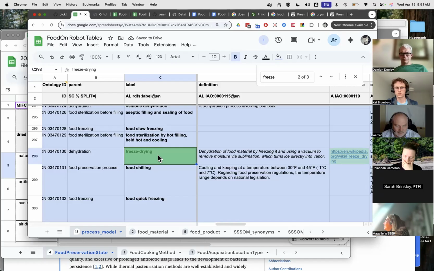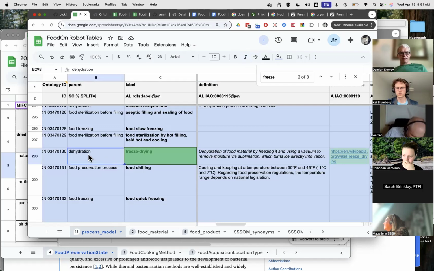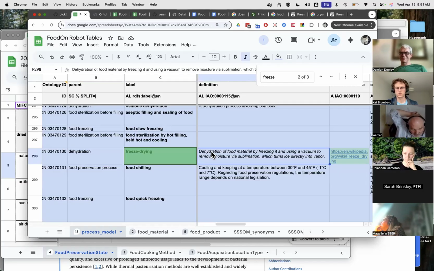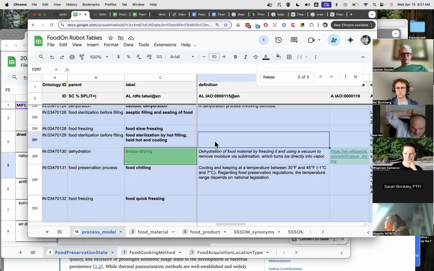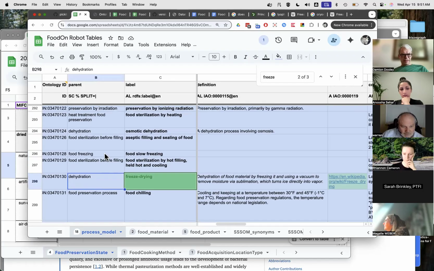But the definition should be a process. Yeah, I'm allowing the parent term, a dehydration process, to be the process. I didn't spell out a dehydration process, but I think it's okay. Can it be food dehydration instead of dehydration process? Did we say food dehydration?